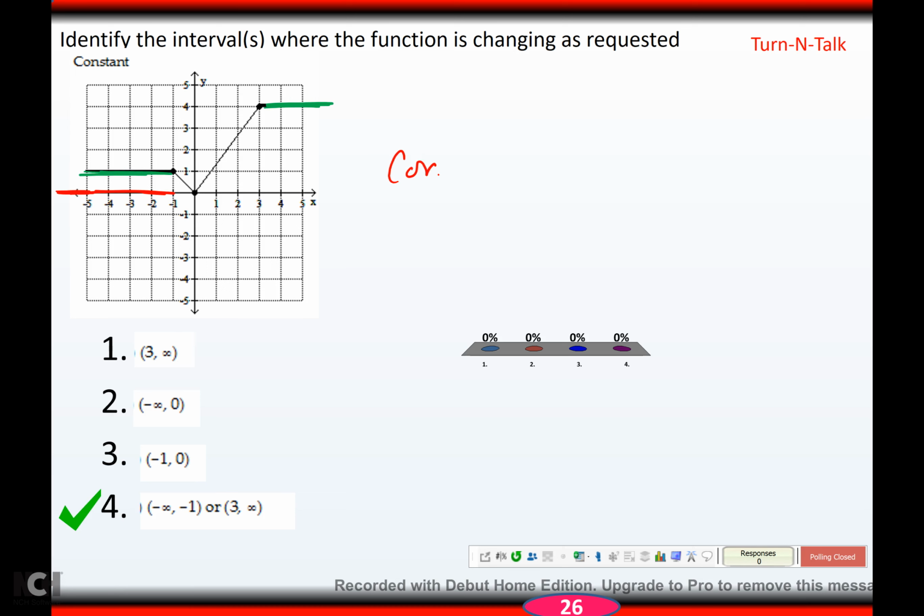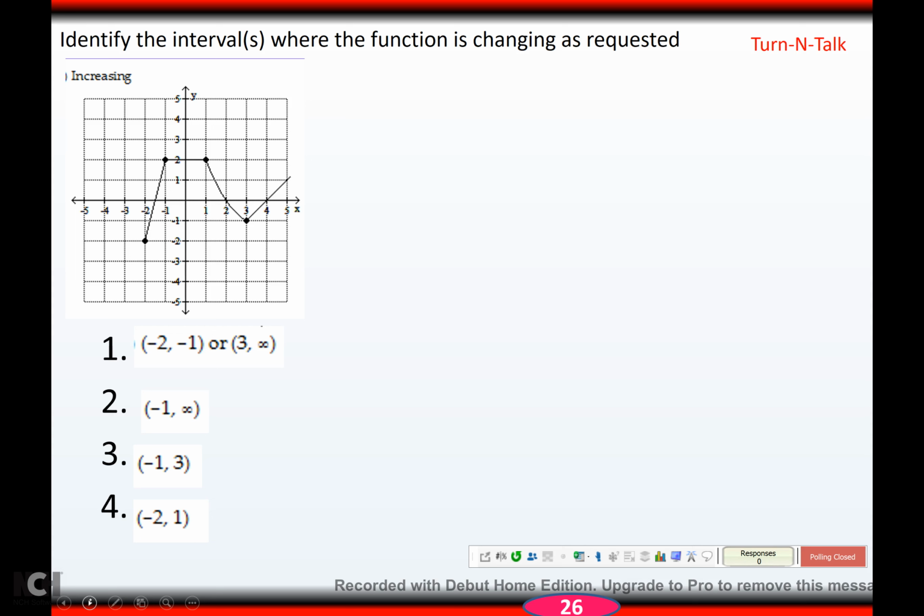So my constant interval goes from negative infinity to negative 1. Again, see how they're putting round? That's filled in. Like I said, it's a turning point. And then it doesn't start going constant again until here, so that would be union from 3 to infinity.